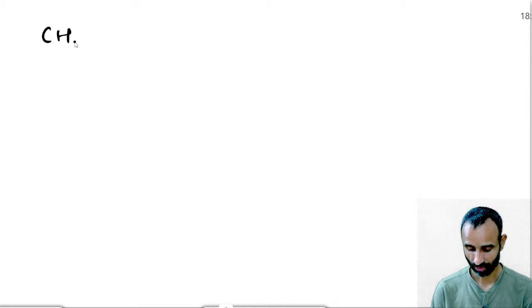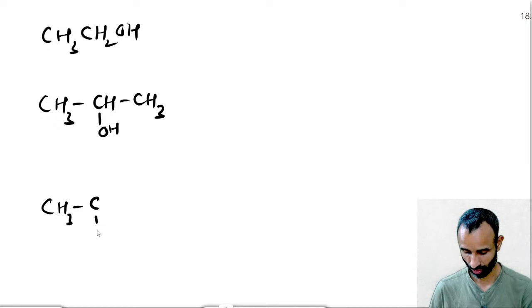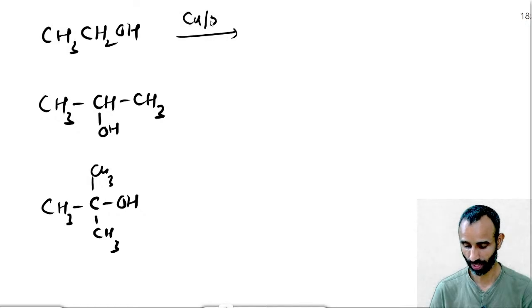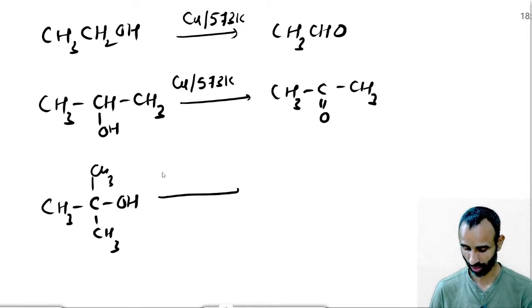If we have primary alcohol, secondary alcohol, and tertiary alcohol, and we use copper at 573 Kelvin, in the first case we will get aldehyde, in the second case we get ketone, and in the third case, what will we get?